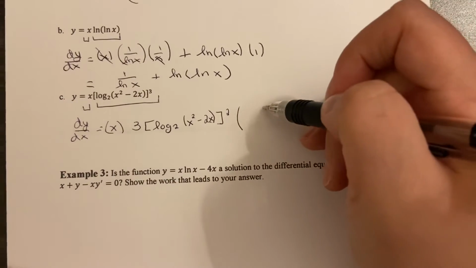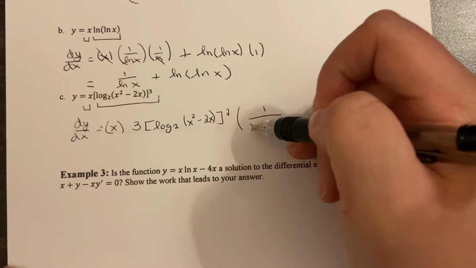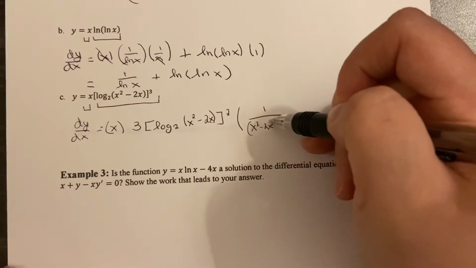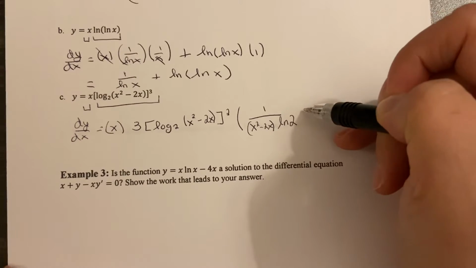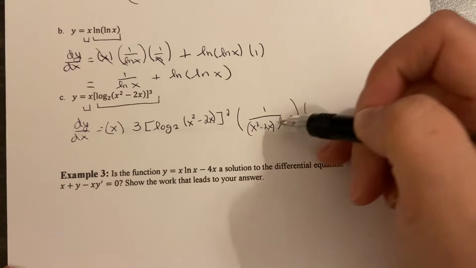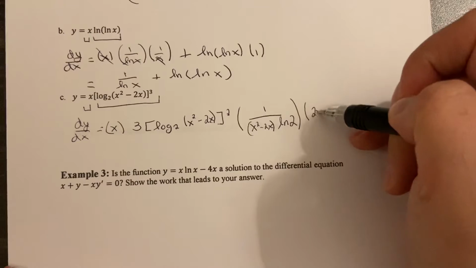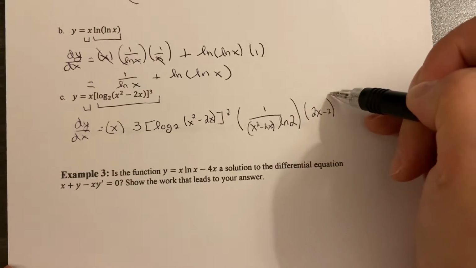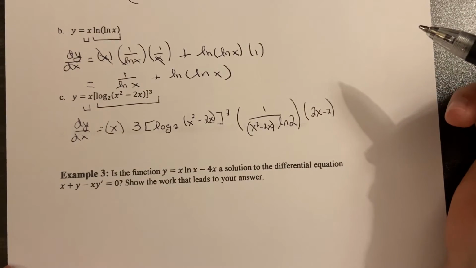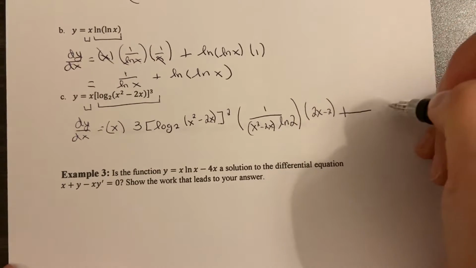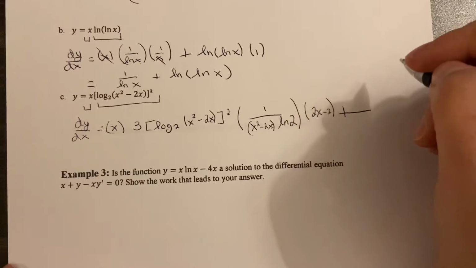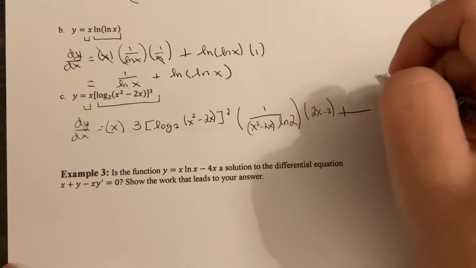So that's going to be 1 over the function times ln of the base, which is a 2. And then you got to times by the derivative of the inside, which is 2x minus 2. Okay, that was kind of a lot. So then all of that plus, now you're going to keep this the same.